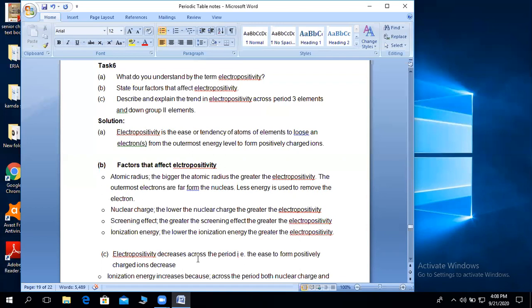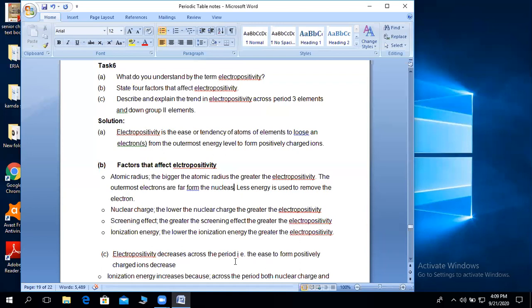Electropositivity decreases across the period, i.e., across the period, the electropositivity decreases. I think you know the reason, because across the period, the atomic radius decreases, so the electrons are near the nucleus, so they experience great nuclear attraction.